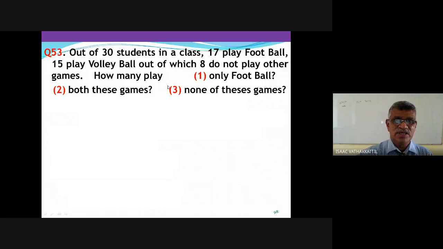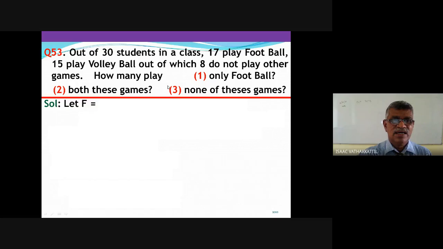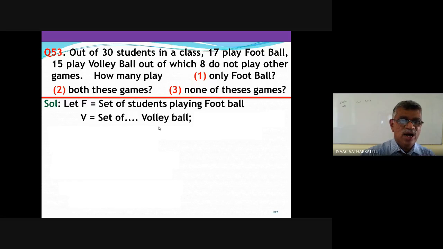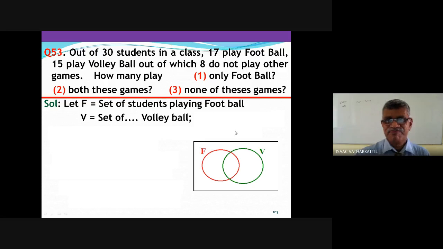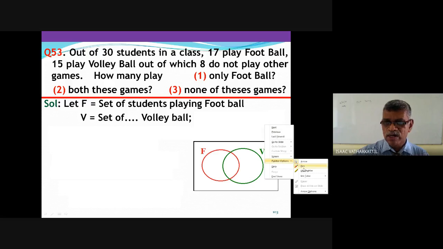Let us proceed. 30 students are there in the class. F equals the set of students playing football and V the set of students playing volleyball. Now the diagram will help you very much. How will you fill the diagram? See the portion only football, only volleyball and both football and volleyball.